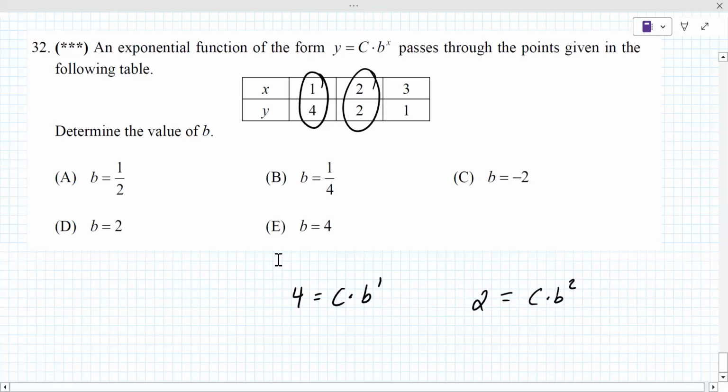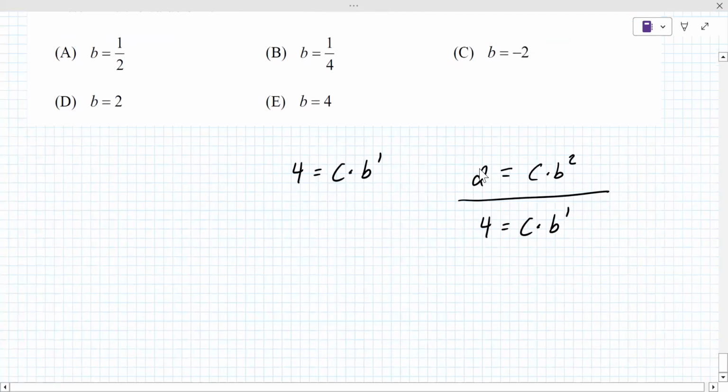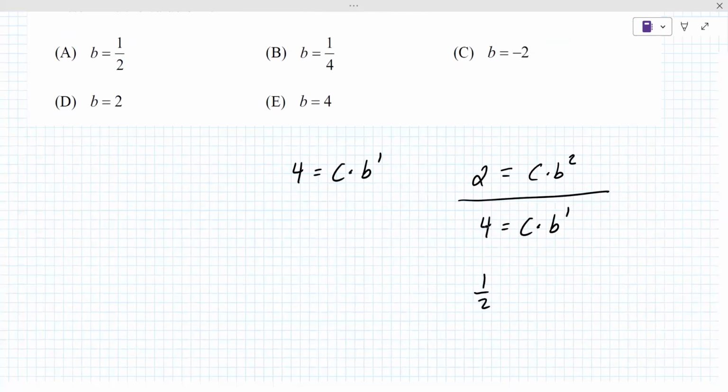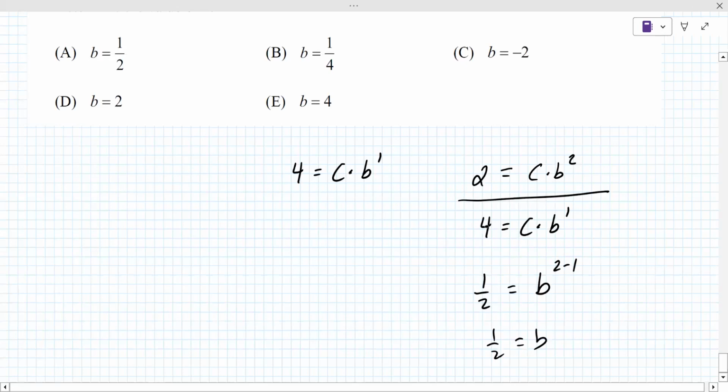Now, you can do the following, which I don't even know if they show this, but you can take and divide them. Have you seen this? So 2 divided by 4 is 1/2. C divided by C is 1. B squared divided by B is just B to the 2 minus 1. So notice that you've solved now for B. Usually they have you do substitution, but this works.